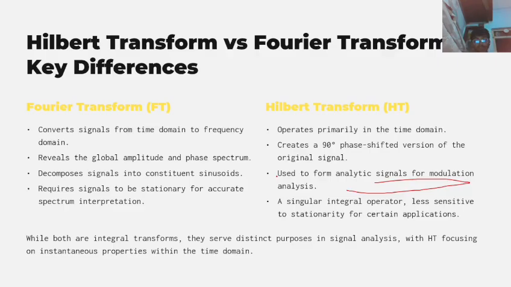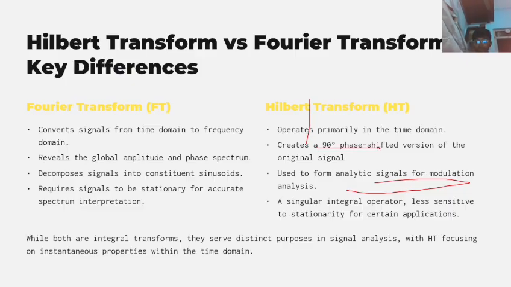The Fourier transform converts a time domain signal into a frequency domain signal, while the Hilbert transform shifts the phase of the original signal by 90 degrees to get the analytic signal, which means modulation analysis.